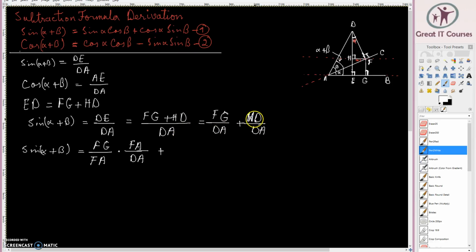Now HD, what is cos alpha here? Well, we have HD here, so this is something about beta.